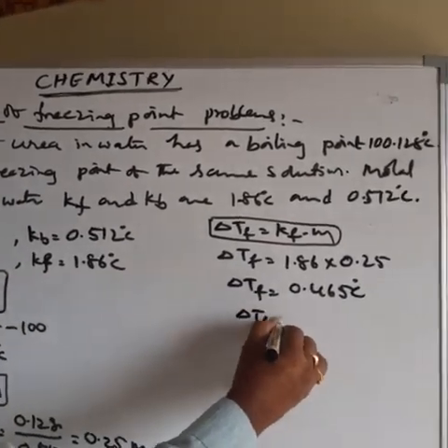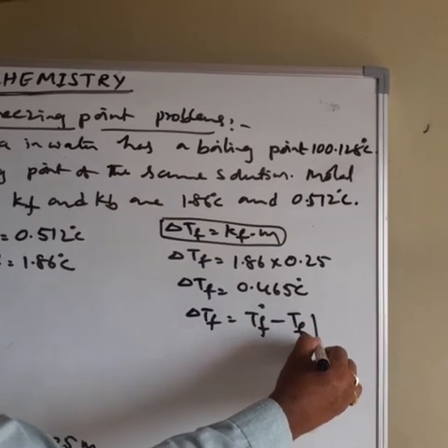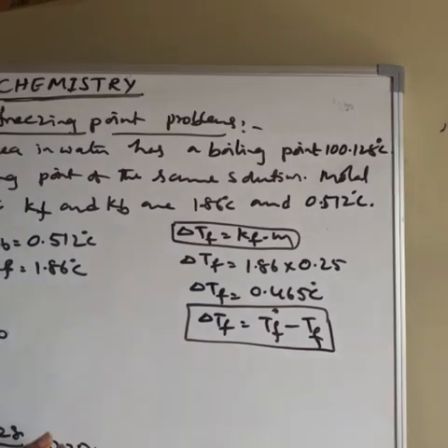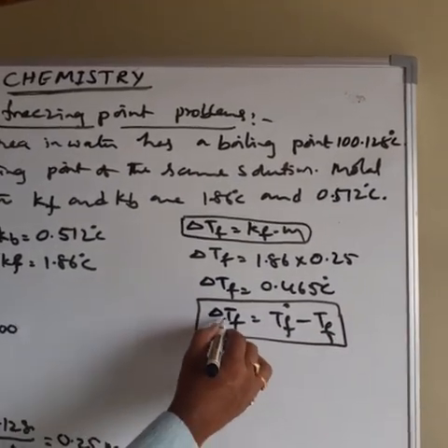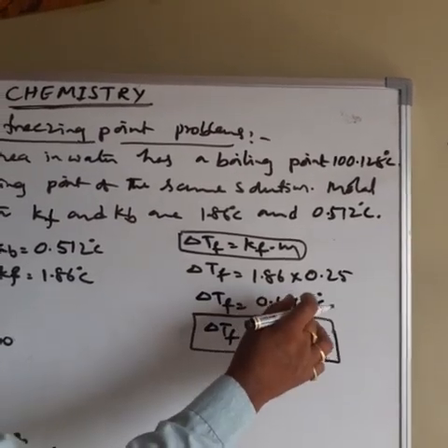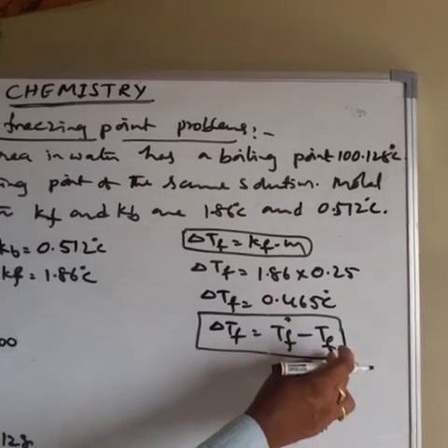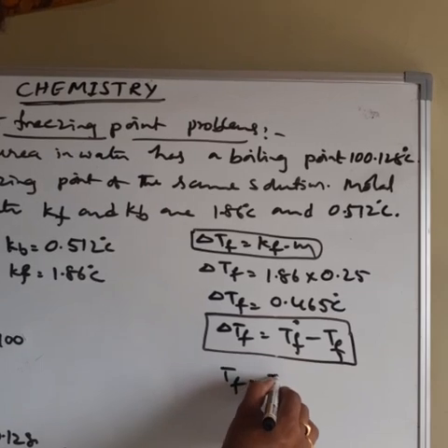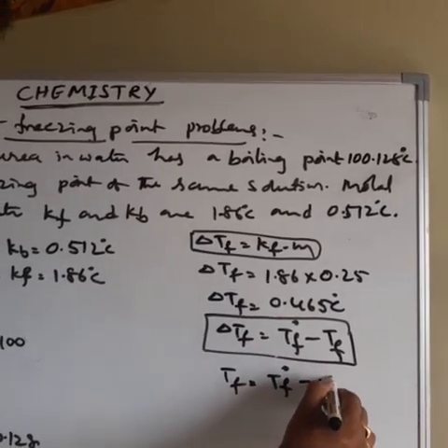So delta TF is equal to T naught F minus TF, as I told, meaning freezing point of pure solvent minus freezing point of solution. Here delta TF value is 0.465. From this one TF value we have to find out. Then TF is equal to T naught F minus delta TF.